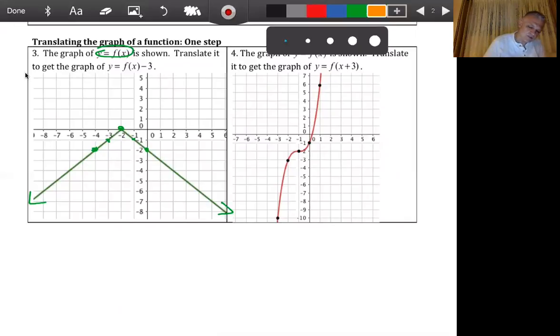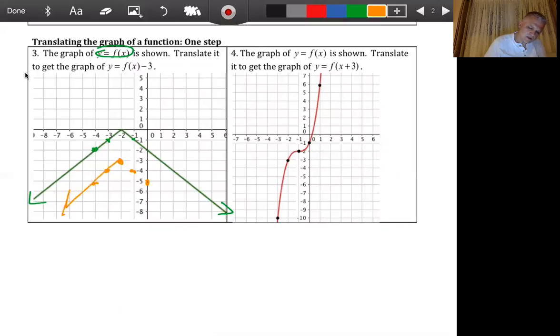So we're going to take the vertex, this guy right here, translate him down 3. 1, 2, 3. Cha-ching. And then let's take this guy and this guy, translate them down 3 units. And then we can take this point and translate it down 3 units.